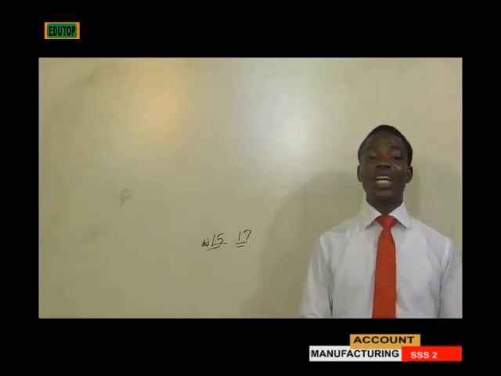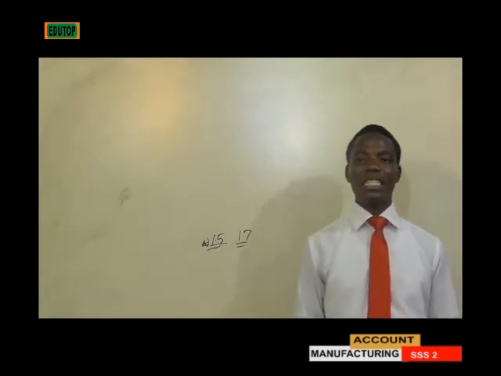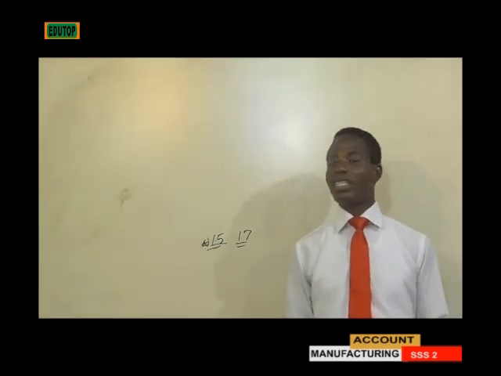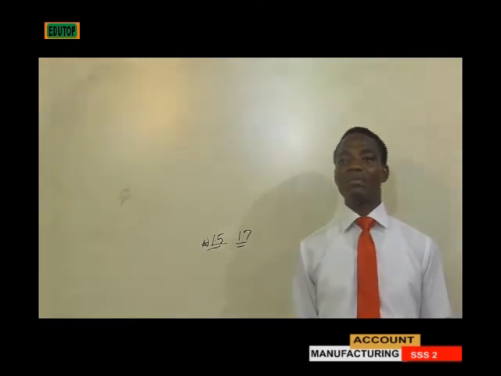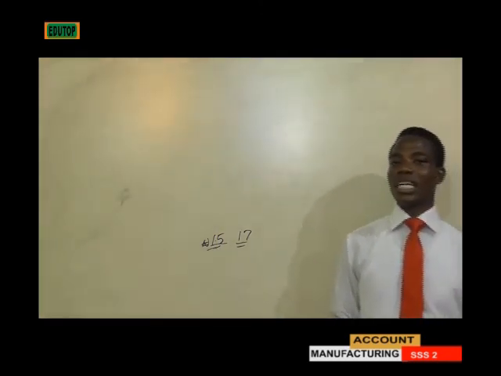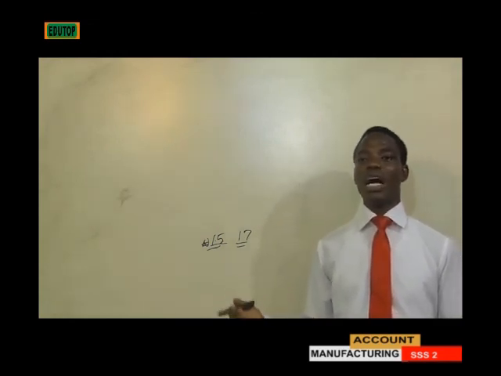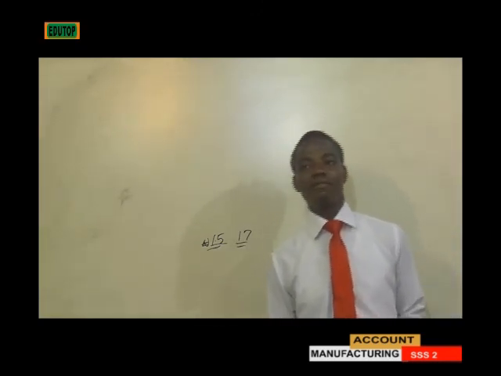Then you begin to classify those expenses: selling expenses, which are discount allowed, bad debt, salaries of salesman, commission; administrative expenses, which are office rent, insurance, salary, depreciation; and distribution expenses, which are classified as carriage outward, packing materials, lighting of warehouse, and so on. And that is how you get your net profit at the end of the day.